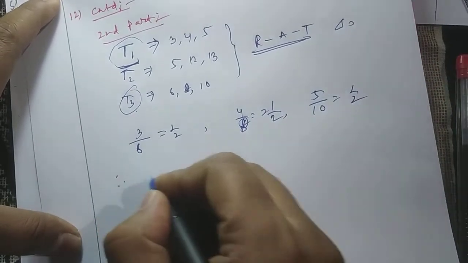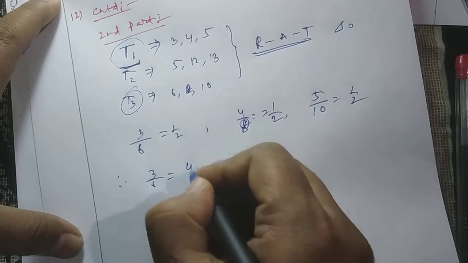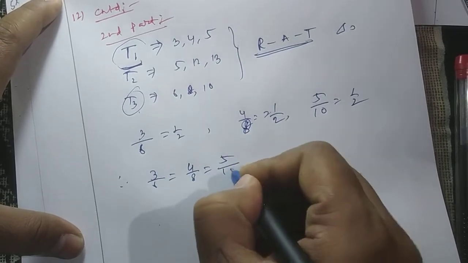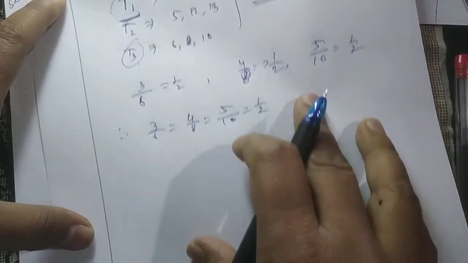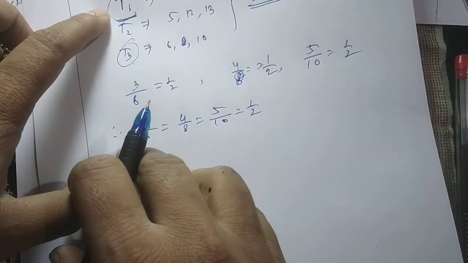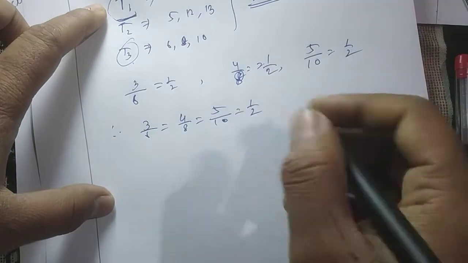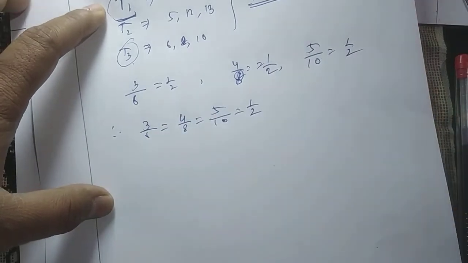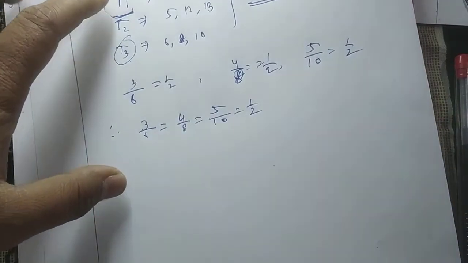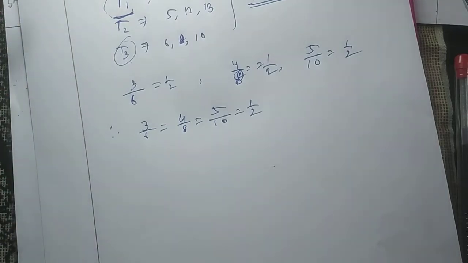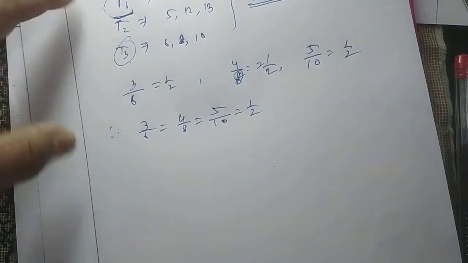So we can say from here 3 by 6 equal to 4 by 8 equal to 5 by 10, because all are equal to half. So the ratio of the corresponding sides of the triangles T1 and T3 is proportional.